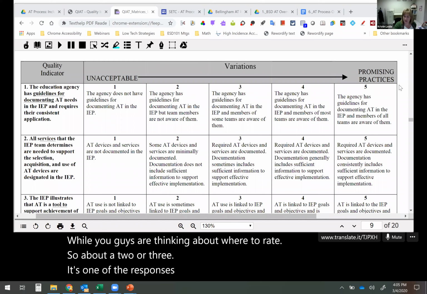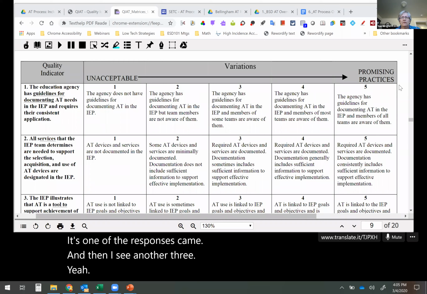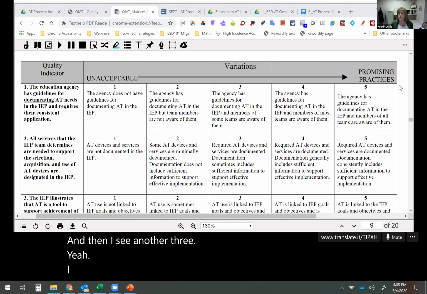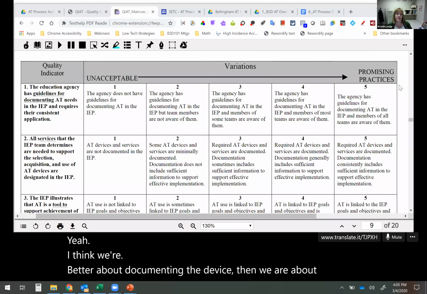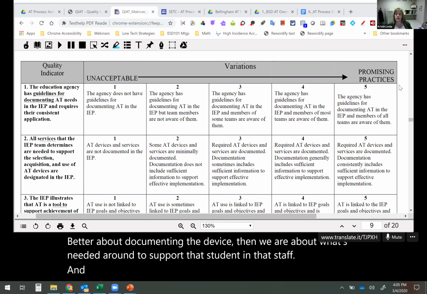Okay. And then I see another 3. I think we're better about documenting the device than we are about what's needed around to support that student and that staff in implementing the device.